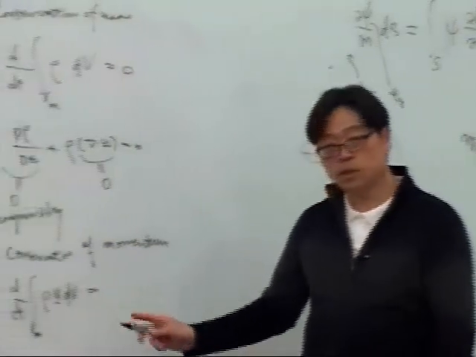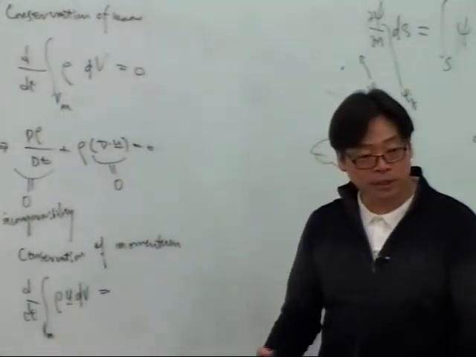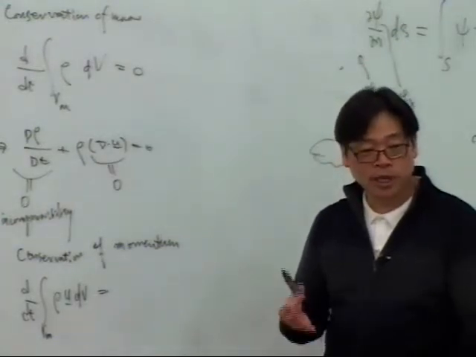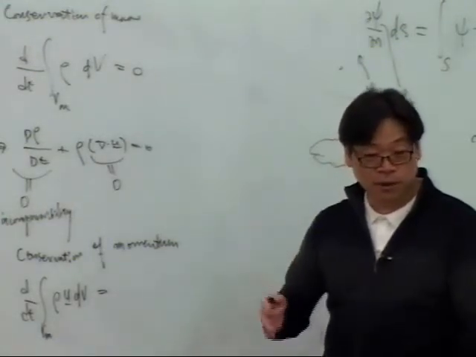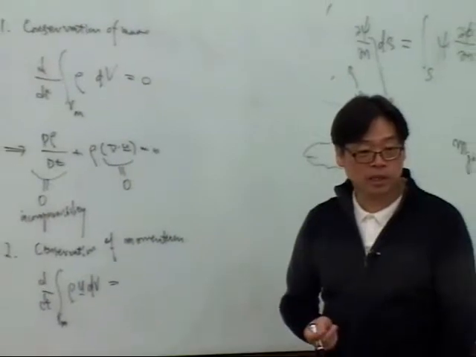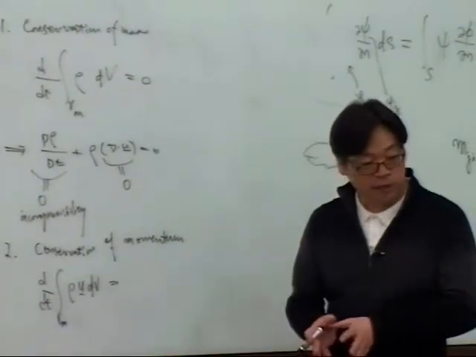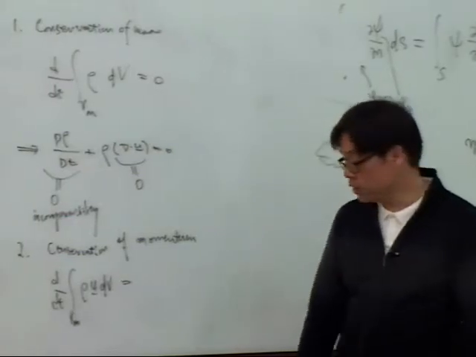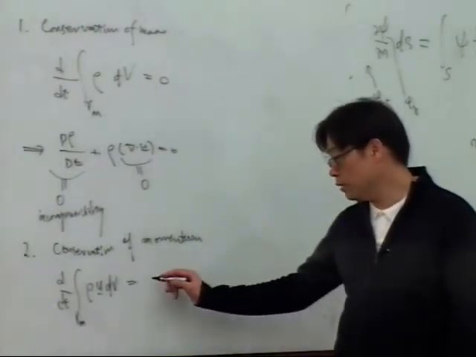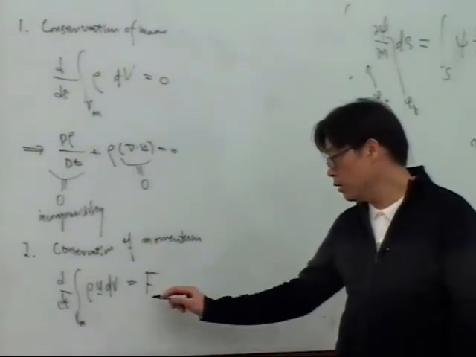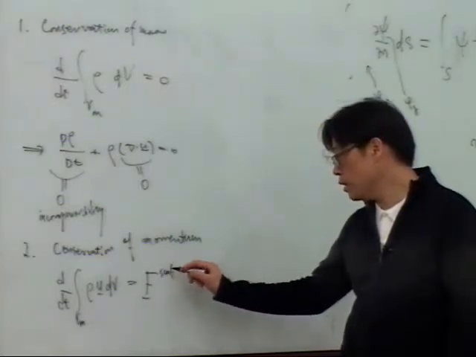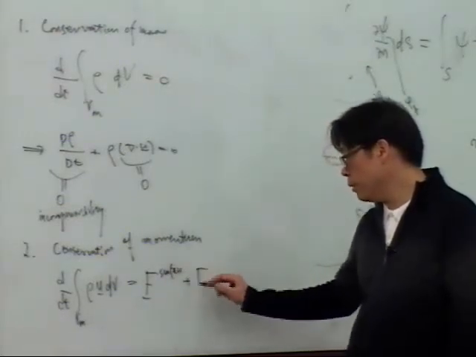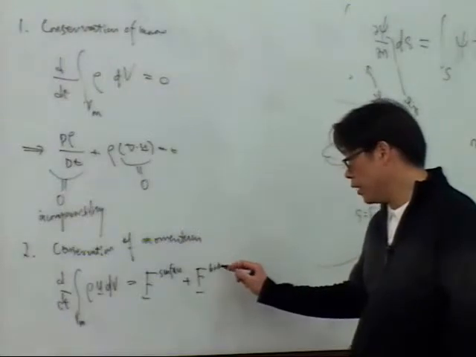And if you see any change of linear momentum, that has to come from the external force applied. So when the force is applied, the momentum of the fluid changes. That force can be a surface force, or it can be a body force, like gravity.